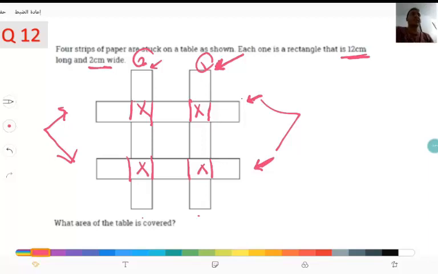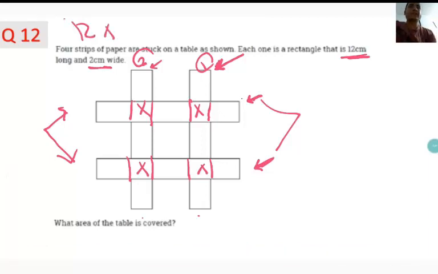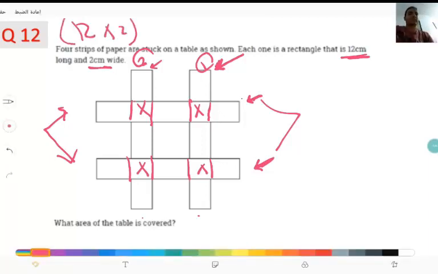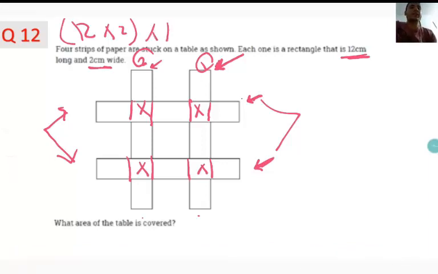Okay, so let's find the area covered by the 4 strips. It will be the total area of the 4 strips, which is 12 times 2, the area of 1 strip, multiplied by 4 because we have 4 strips.